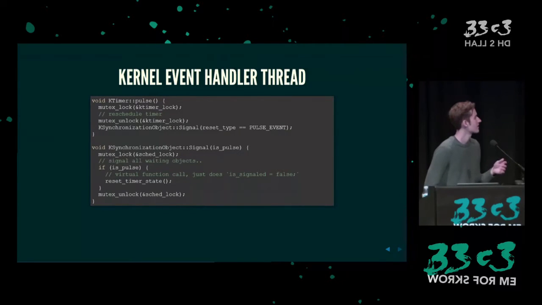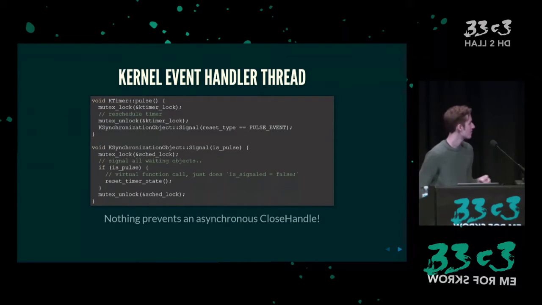And then at the end, they reset the timer state, so everyone that waits on this again has to wait for the next cycle. This also looks pretty good, like they're locking the scheduler here. This would work, but nothing's preventing you from just closing this from another core.